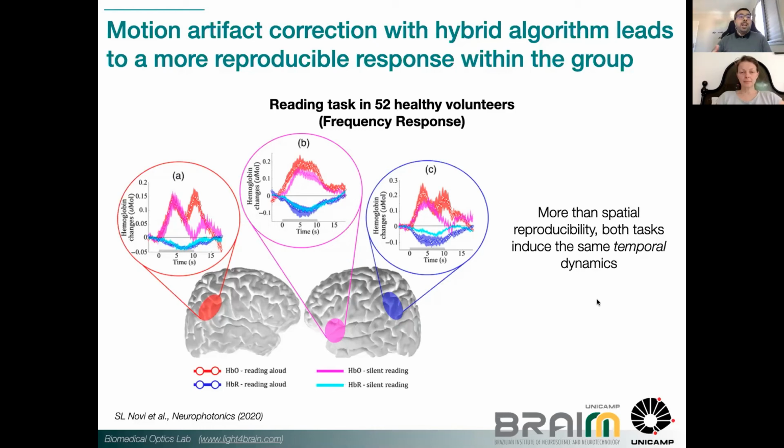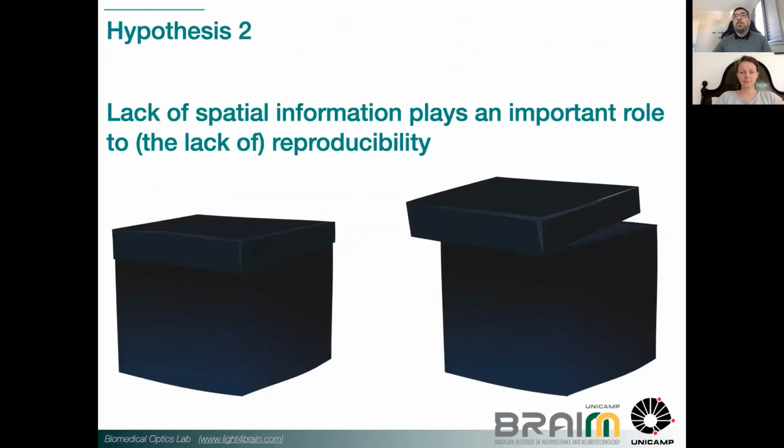So yes, using motion correction or motion artifact correction algorithms can actually improve, and specifically using a hybrid algorithm can lead to a higher reproducibility of the data, both in the areas where we see activation and in the temporal response of the hemoglobin time courses, right?